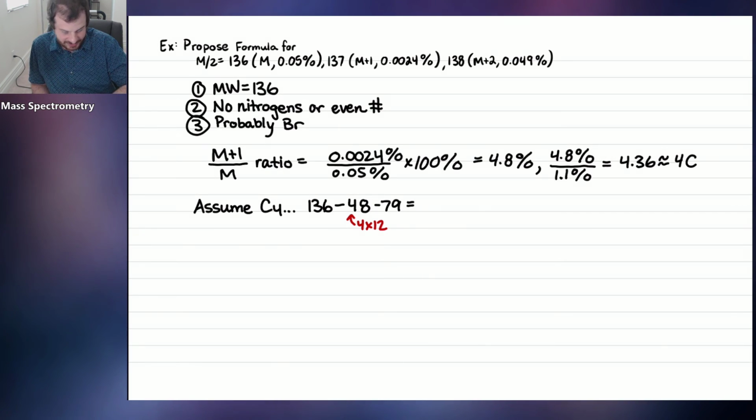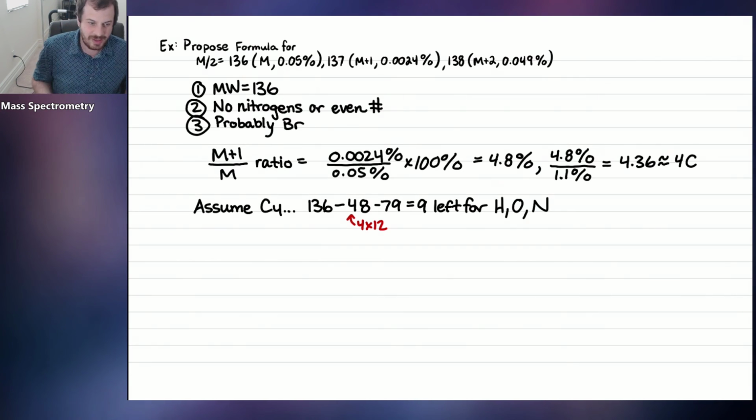That's only going to leave us 9. 9 left for hydrogen, oxygen, nitrogen. Well, one nitrogen weighs 14 and an oxygen weighs 16, but we only have 9 mass units left. So all of those 9 must be due to hydrogen. So we pretty much figured out the formula. There's only one possibility. The 79 is for 1 Br. So pretty much our only possibility is C4H9Br.